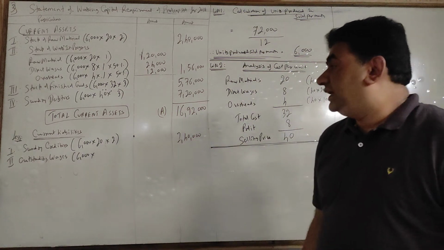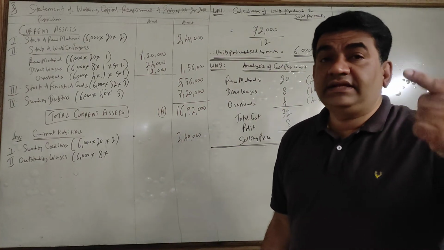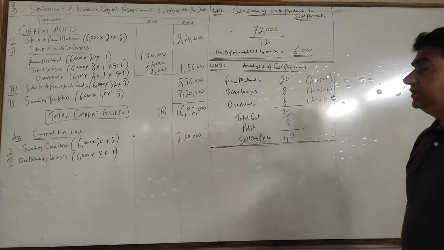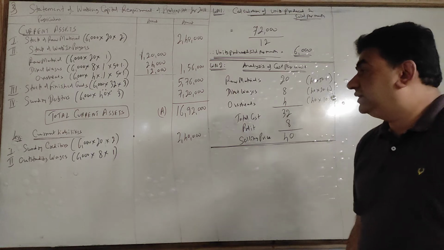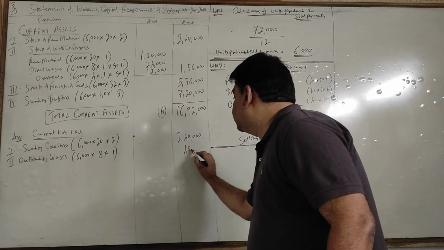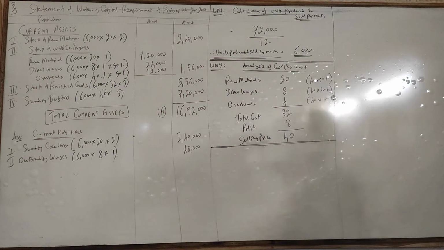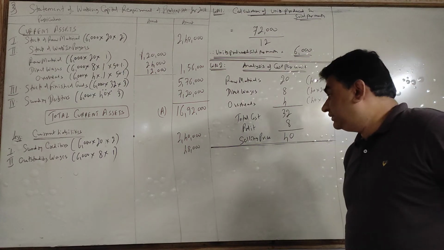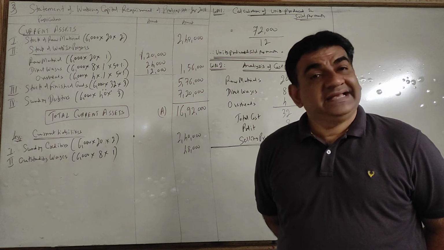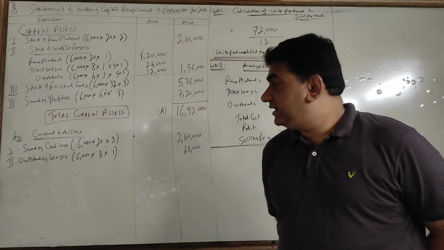Cost of wages 8, so multiply by 8. Now it is paid in the next month, so you will multiply by 1. So 6,000 into 8 into 1 gives you 48,000. Clear guys?